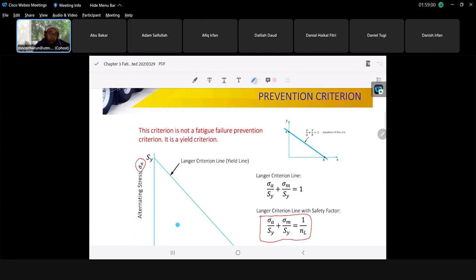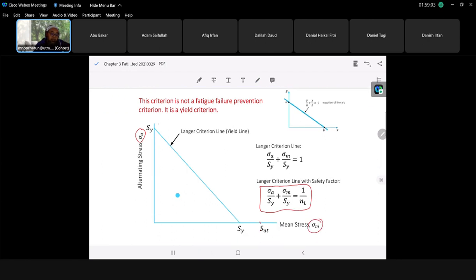Sebab tu, you see that the line goes from yield strength to yield strength.